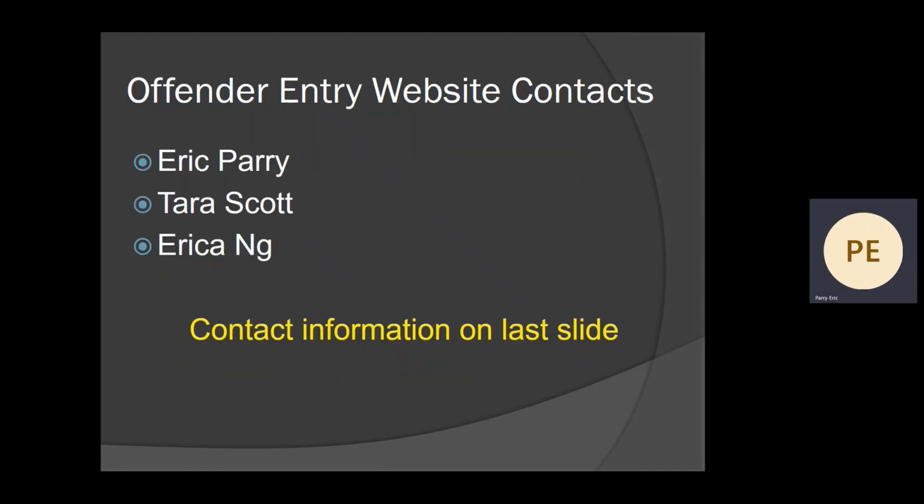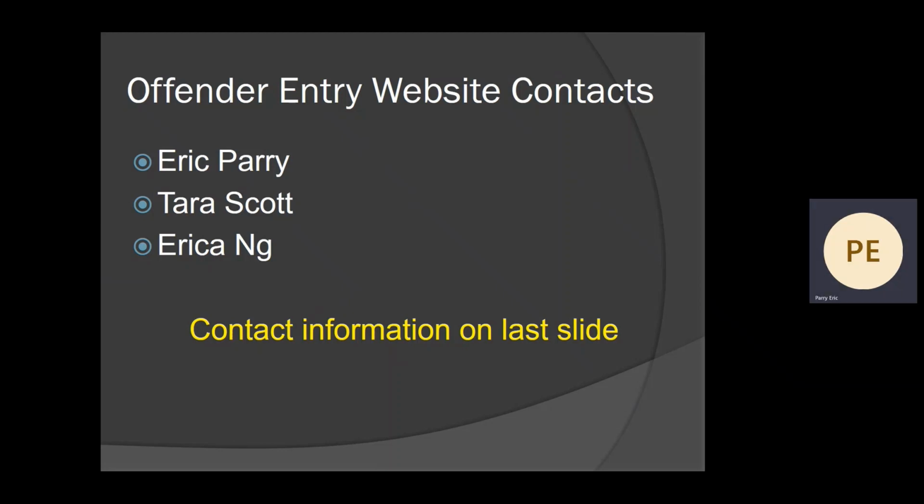The offender entry website contacts would be me, Tara Scott, and Erica Ning. Our contact information is on the last slide. It seems the majority of people contact me, and that's great. If I have any questions about the website, I typically go to Tara because she was really involved with creating the new website.